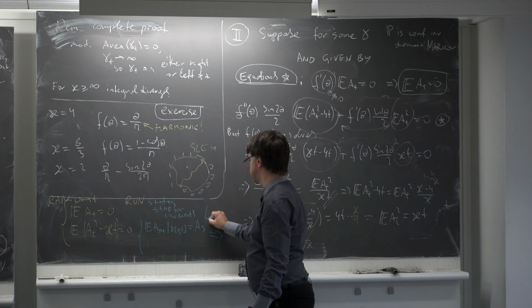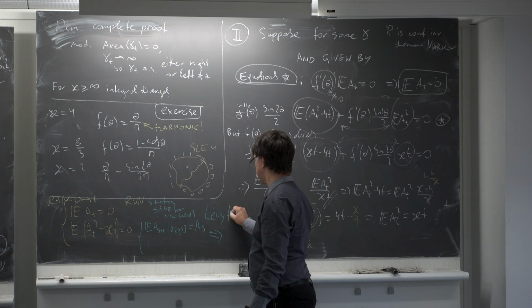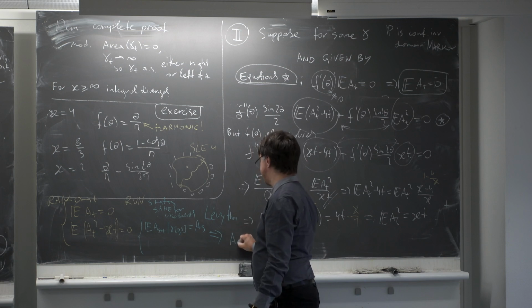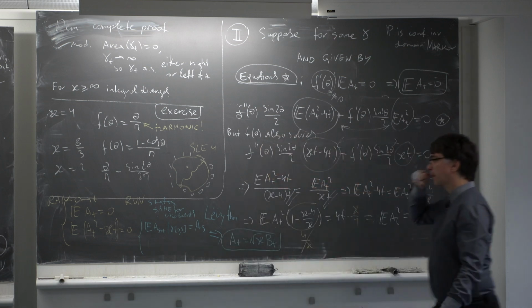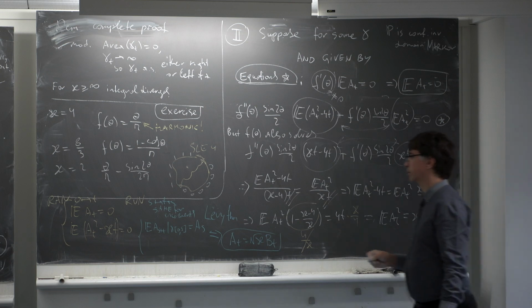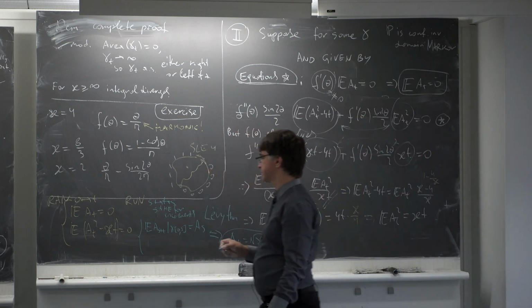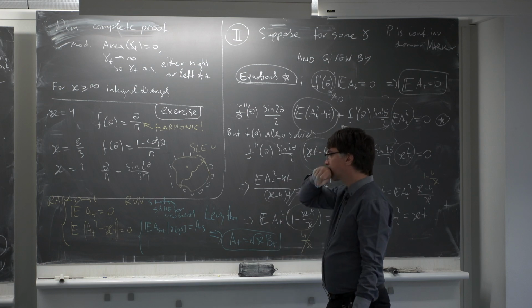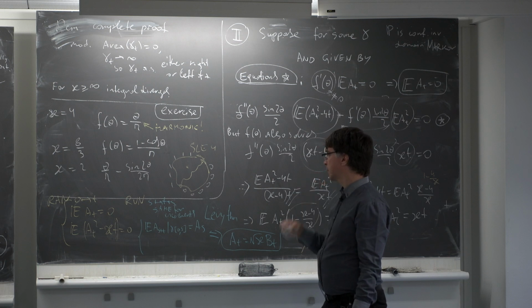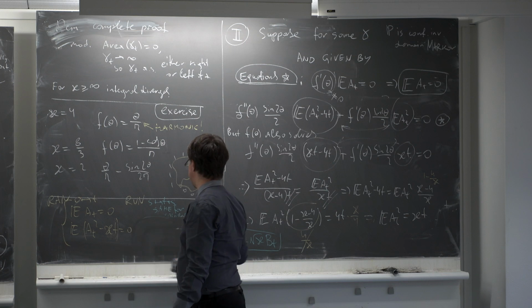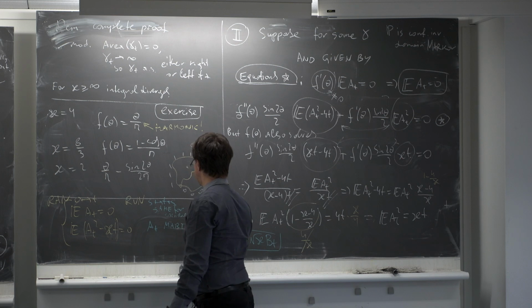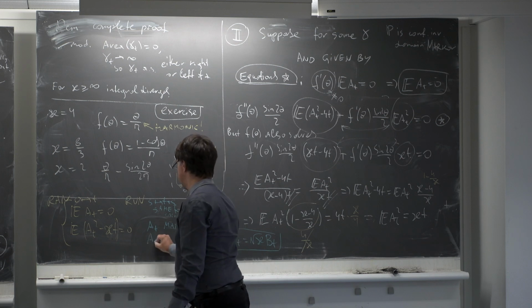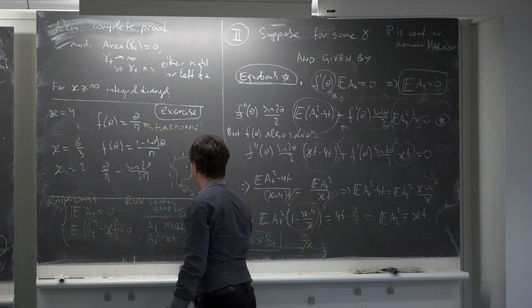It's common enough, so people say Levy's theorem, to conclude that a_t is square root of kappa Brownian motion. So maybe I'll formulate it in the following way: the increment is a martingale and the increment squared minus kappa t is a martingale.